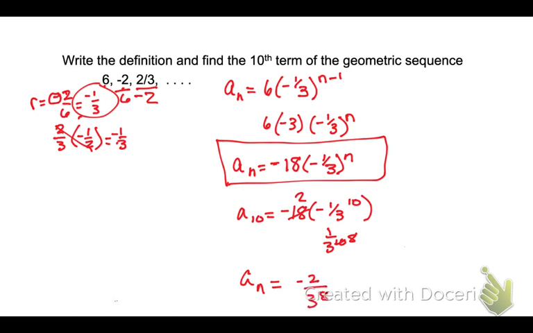Yes, Selena. How did you go from a sub n equals 6, negative 1/3, and minus 1 to 6, negative 3 times? Okay, so this negative 1 is going to reciprocate this, right? Because when we had 2n to negative 1, that was 2n, and then we had 1 over 2.